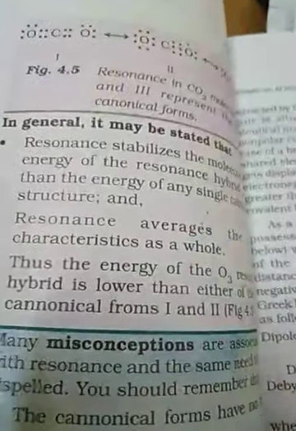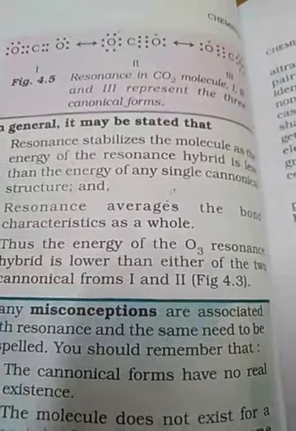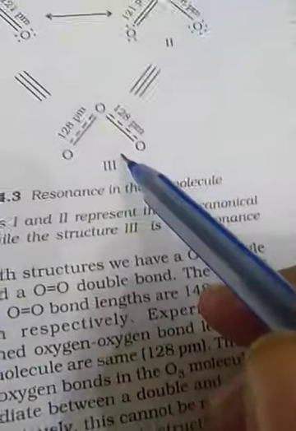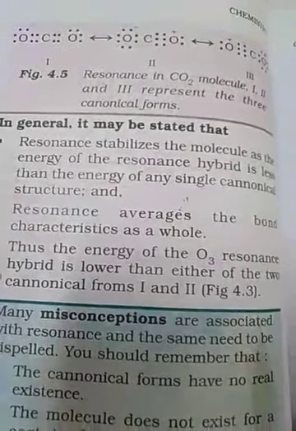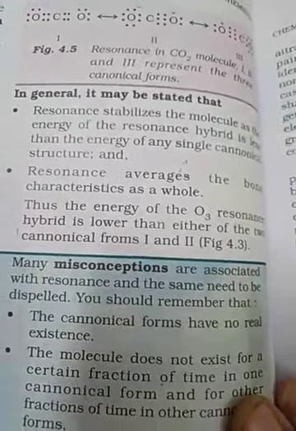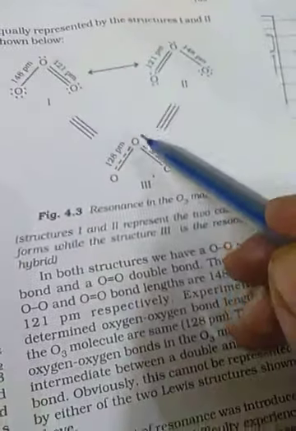Now in general it may be stated that resonance stabilizes the molecule as the energy of the resonance hybrid is less than the energy of any single canonical structure. So resonance averages the bond characters as a whole. Thus the energy of the ozone resonance hybrid is lower than either of the two canonical forms 1 and 2. So rather than structures 1 and 2, this resonance hybrid is more suitable for ozone or any molecule.